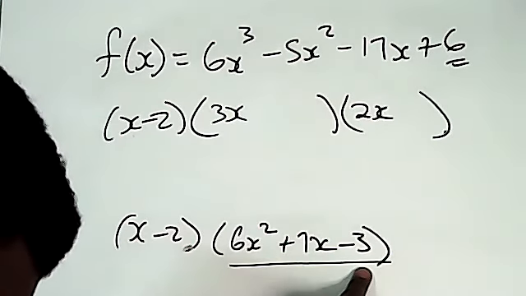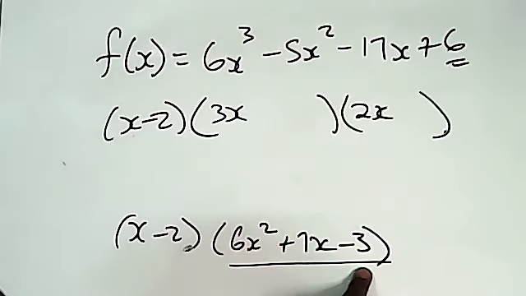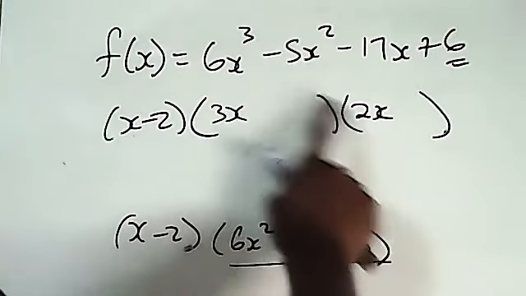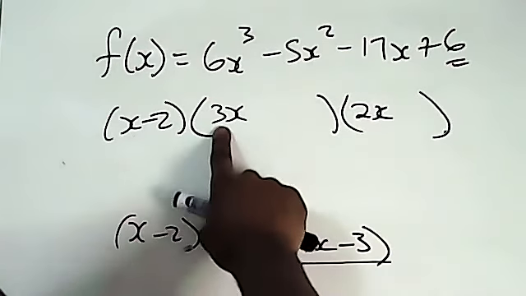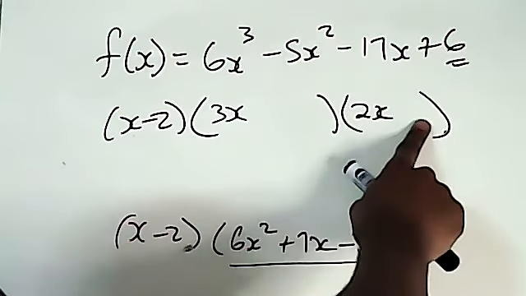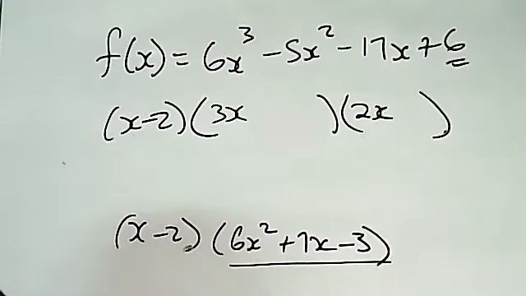So 3 multiplied by 2 will give us 6 squared. But you have to multiply to get the middle one, which is 7, so you have to multiply with a higher number.